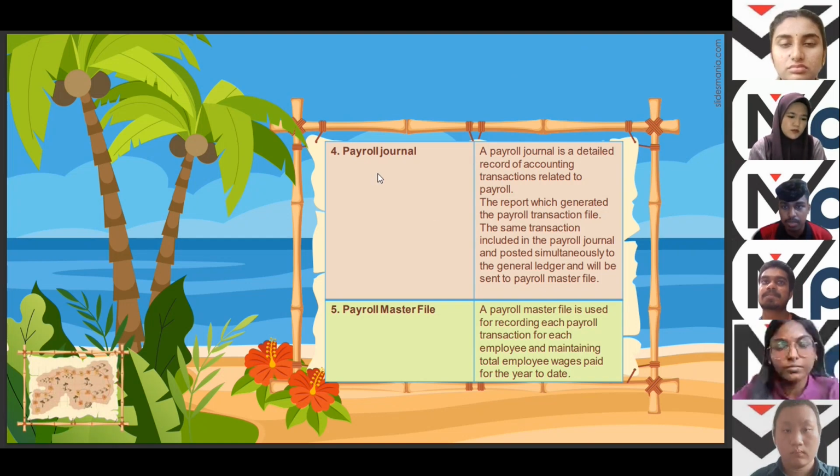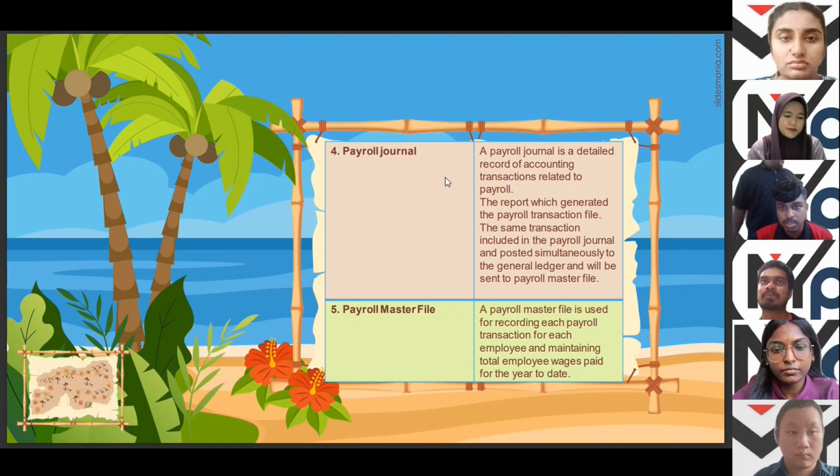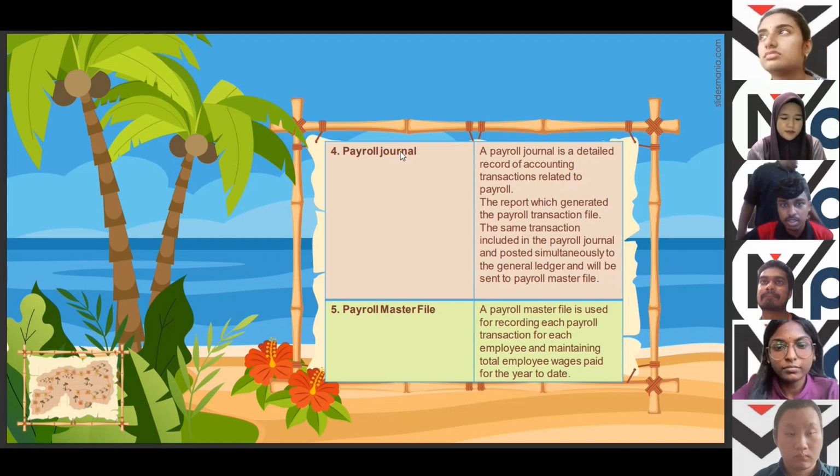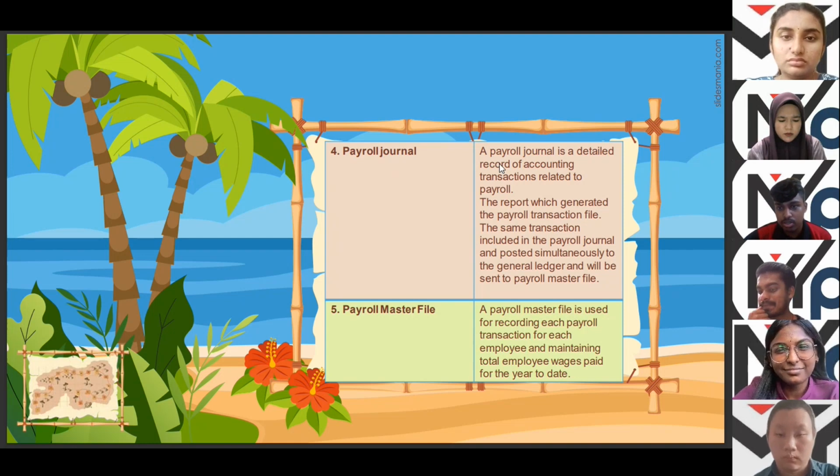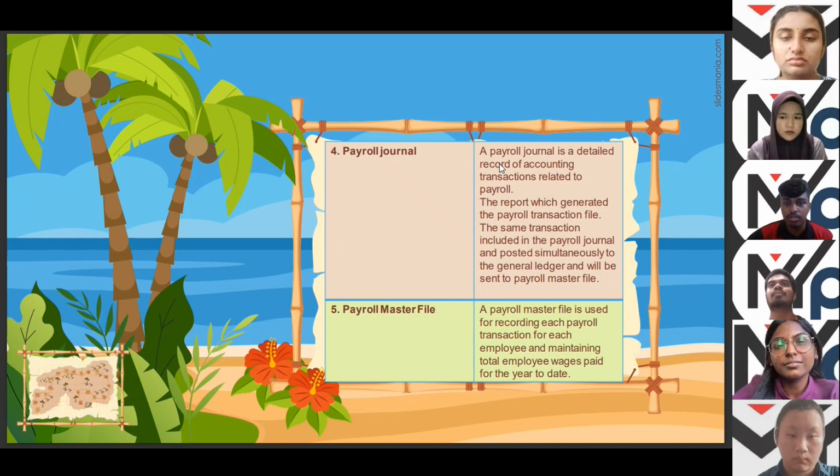So my next point will be the payroll journal. A payroll journal is a detailed record of accounting transactions related to payroll. The report which generated the payroll transaction file, the same transactions included in the payroll journal, is posted simultaneously to the general ledger and will be sent to the payroll master file.